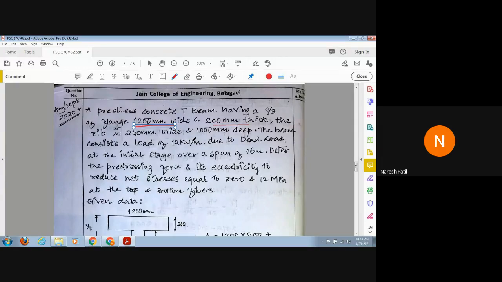Okay, so it's a T section. They have given the properties of flange. The flange is 1200 mm wide and 200 mm thick. The rib is 240 mm wide and 1000 mm deep. The property of rib or the web. Web is 250 mm wide and 1000 mm deep.